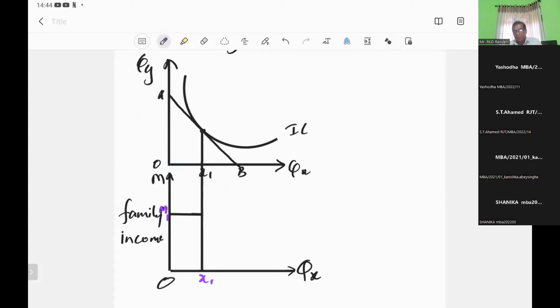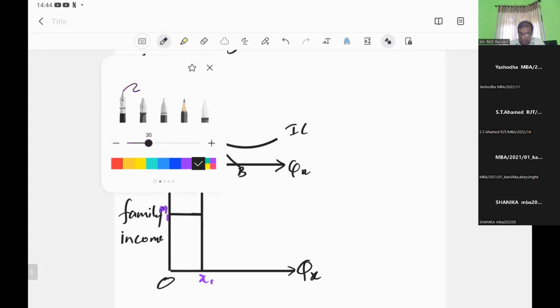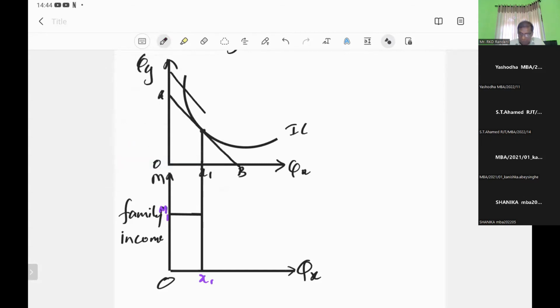Then when consumer income is increasing, we can buy more from both commodities. The budget line shifts to the right hand side, and he can reach a higher level of indifference curve.